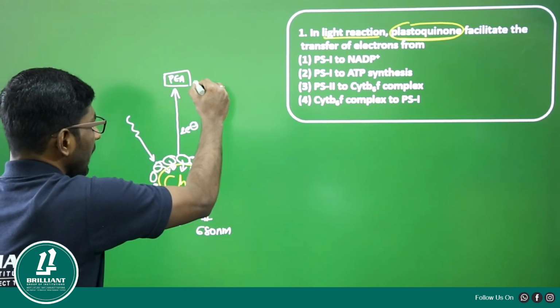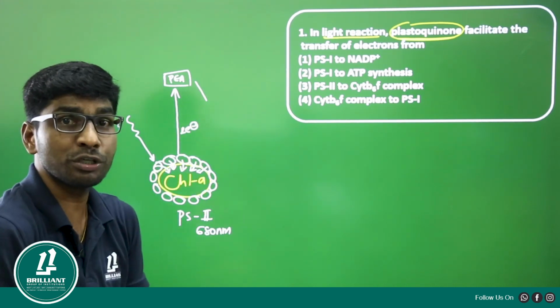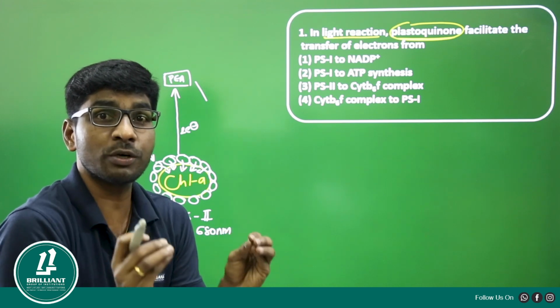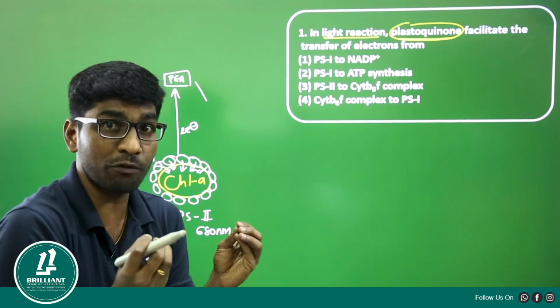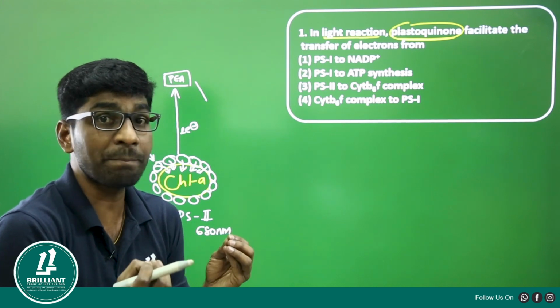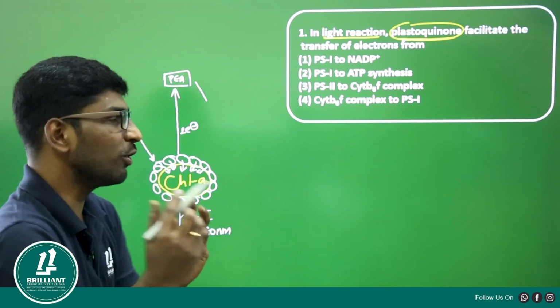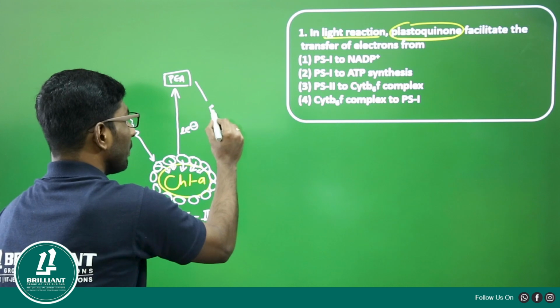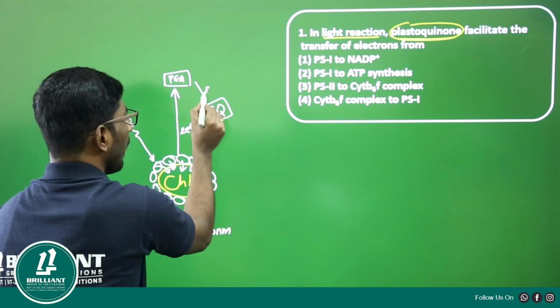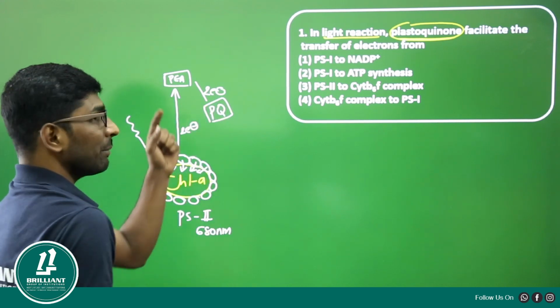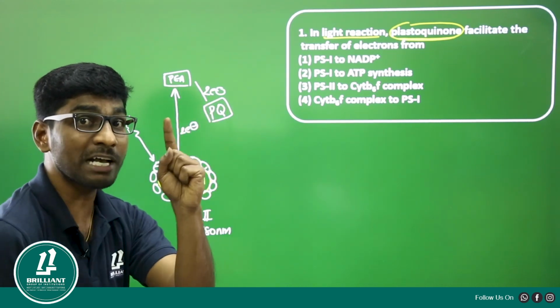From PEA, it enters the short electron transport chain, right? So what is the first protein which receives the electrons from PEA? Plastoquinone. Yes, so here it is plastoquinone. So electrons are coming from where? Primary electron acceptor to plastoquinone.